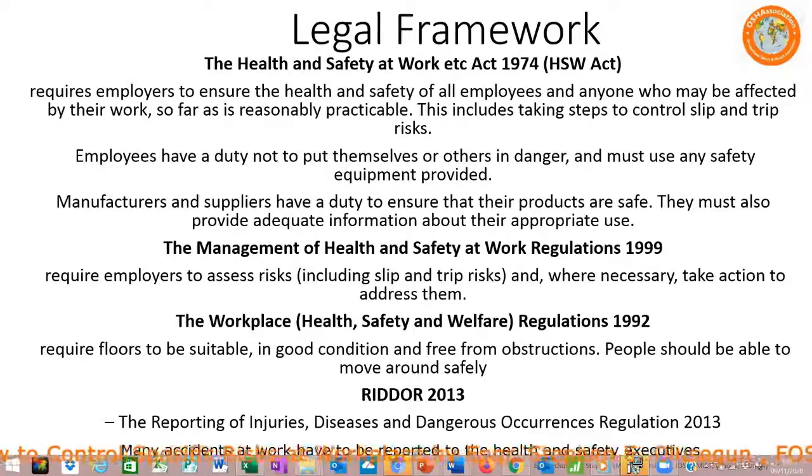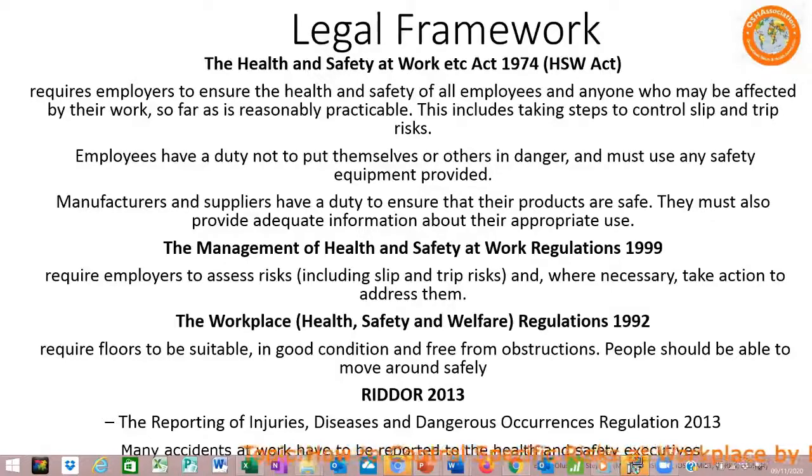Employees have the duty not to put themselves or others in danger and must use any safety equipment provided. Manufacturers also have the responsibility to ensure that their products are safe.